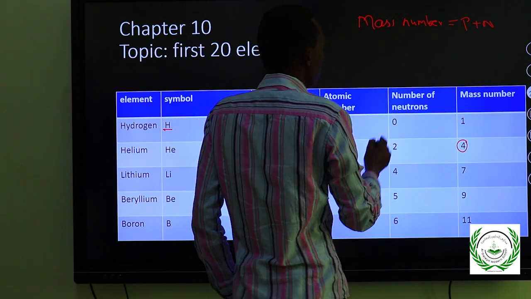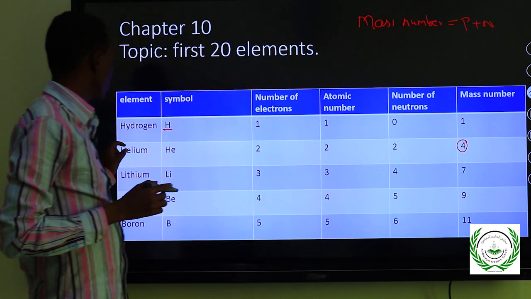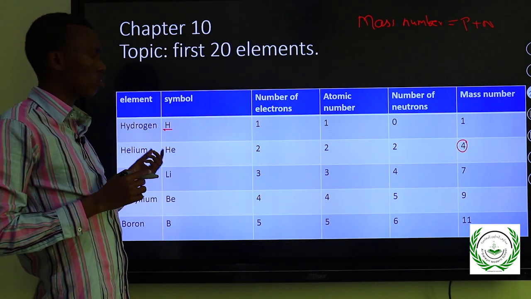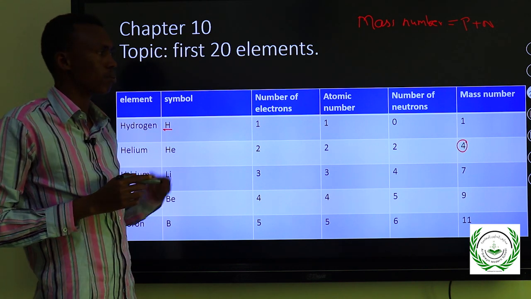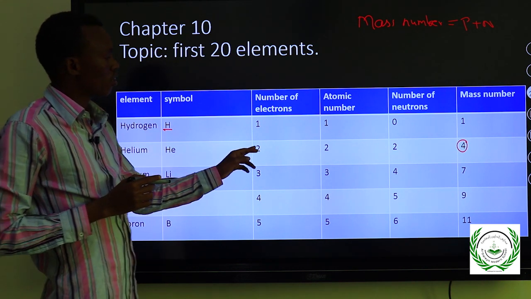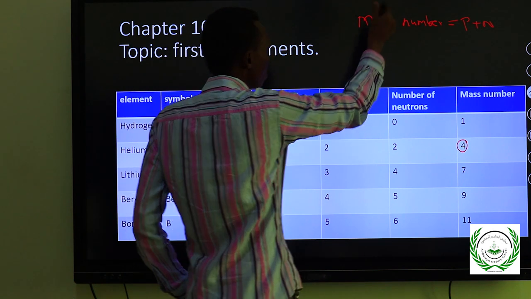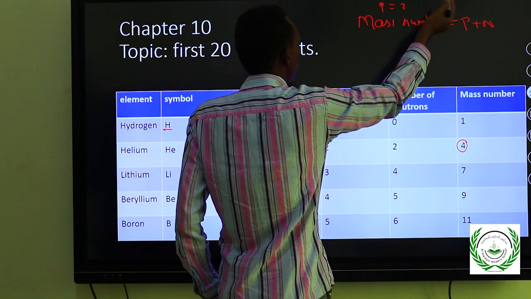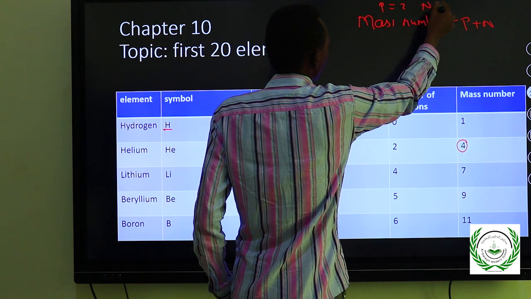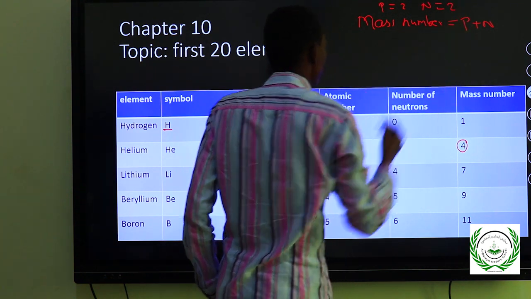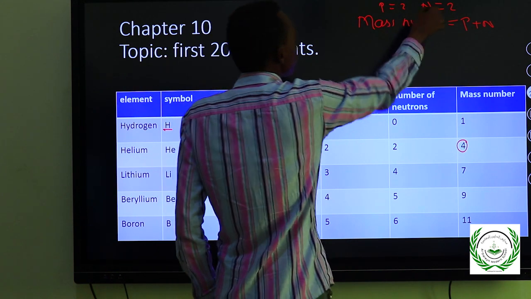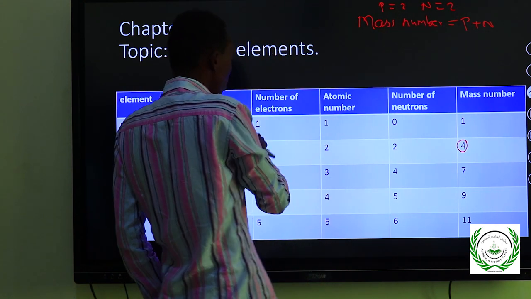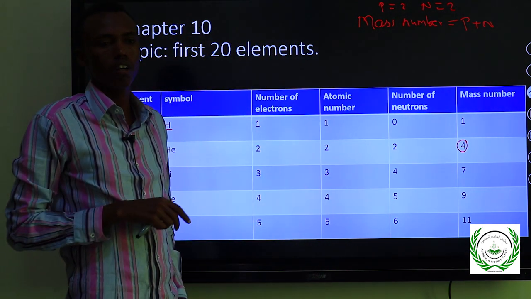Okay, so for example we are going to calculate the mass number of helium. Given that the number of protons of helium is equal to 2, and the number of neutrons of helium is also 2. So by using this information we can calculate the mass number of helium.